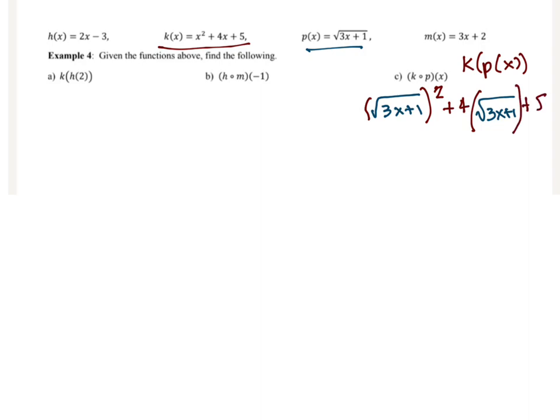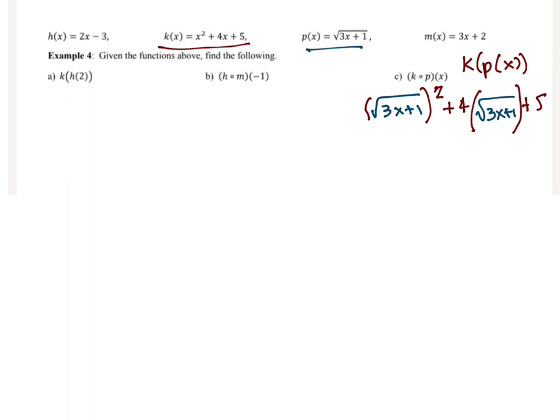So first, just write it. Notice that I wrote maroon for k, and I put blue for p. So I wrote the k function, and in the place of x, I put p. Are y'all with me on that? Now we can simplify.